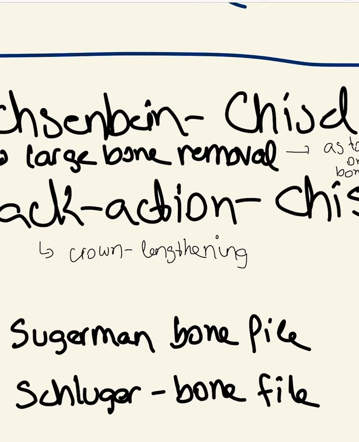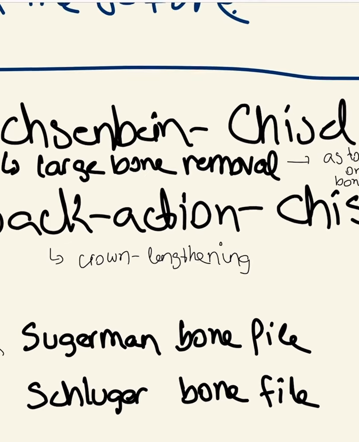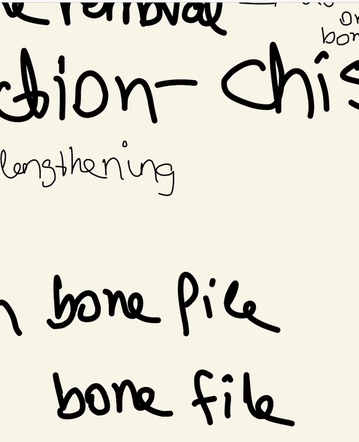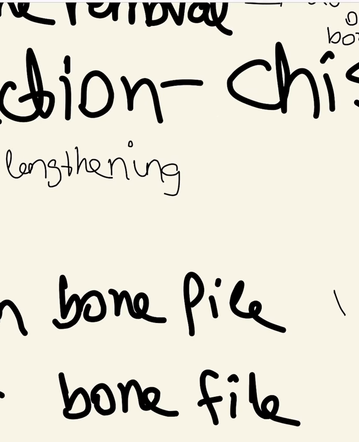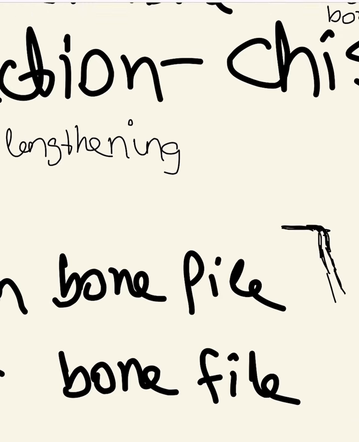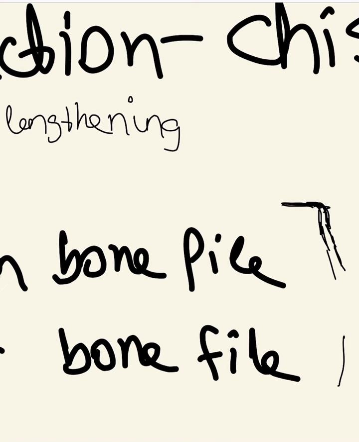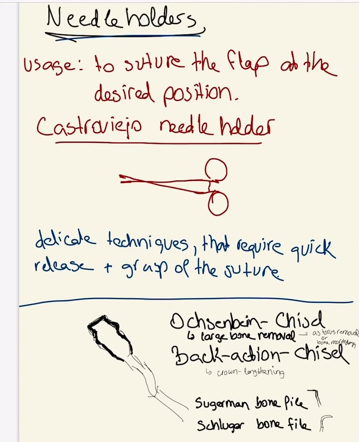The Sugarman bone file is straight, like this here. The Schluger bone file is angled.